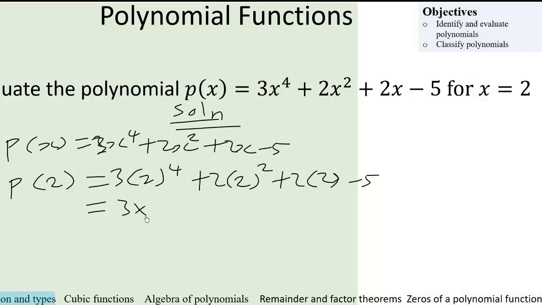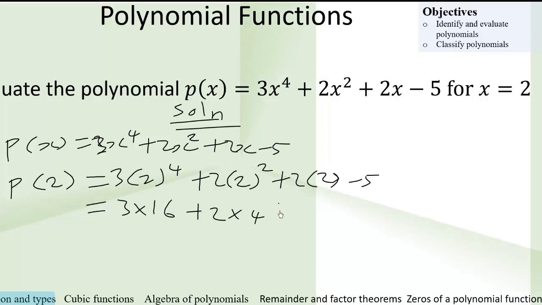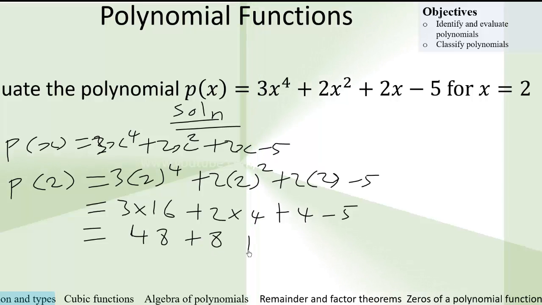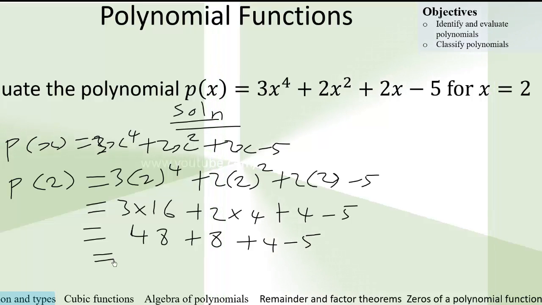So we have 3 times 16 plus 2 times 4 plus 4 minus 5. 3 times 16 is 48 plus 8 plus 4 minus 5. So 48 plus 8 is 56, plus 4 is 60, minus 5 is 55.